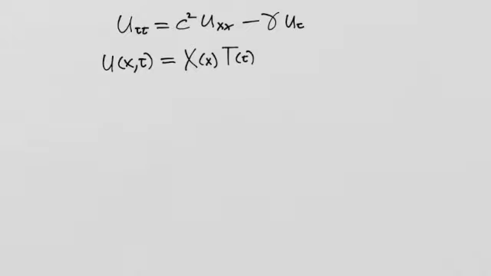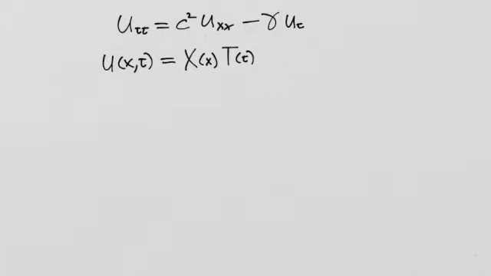We presume that the dependence on space and the dependence on time live in two different functions, and that the final answer is the product of these two separated functions. By substituting this into the equation, we can generate two ordinary differential equations.